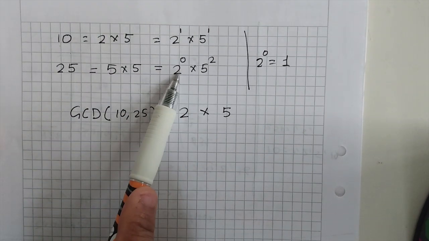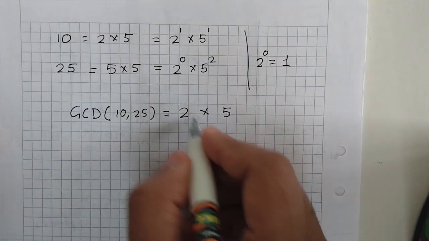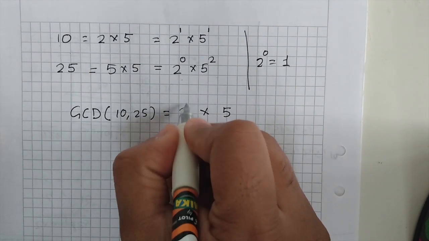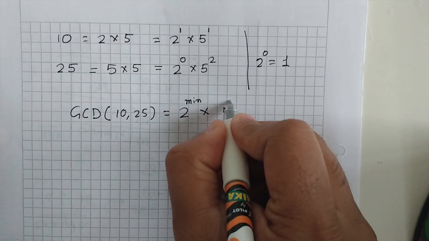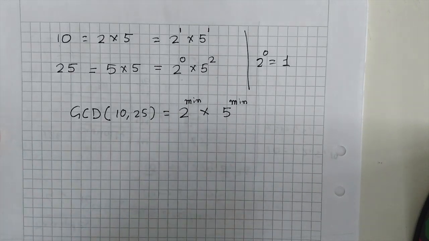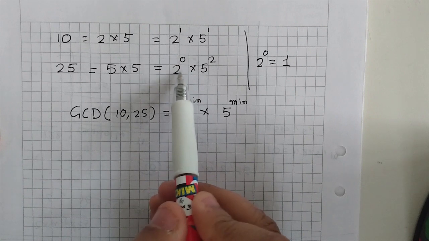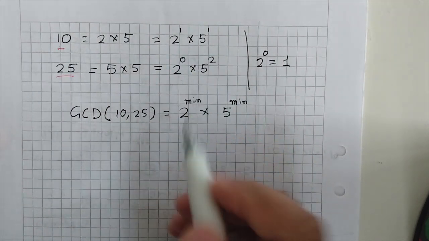Now we take the minimum power of each. What is the minimum power of 2 in both cases?